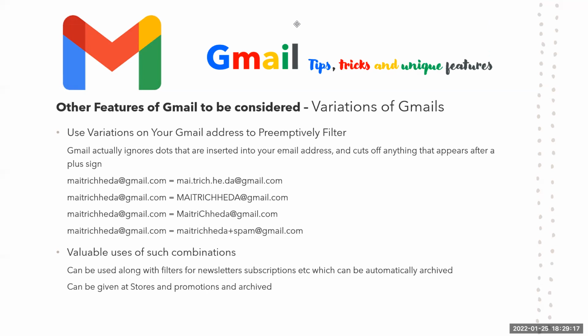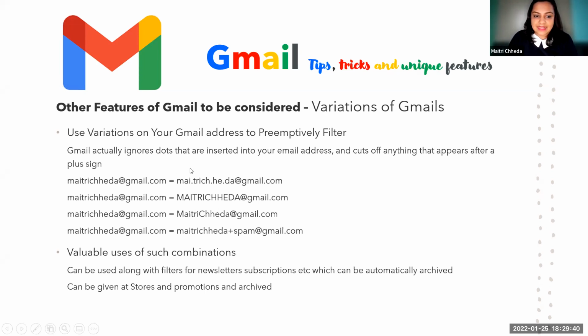Yes, yes. All right, so now this version of Gmail variations, I have been talking about this since, I think, 2016, when it first came up, around 15 or 16. I am not sure if all of you are aware, or maybe all of you are using it, but Gmail ignores all the dots and pluses in your email.